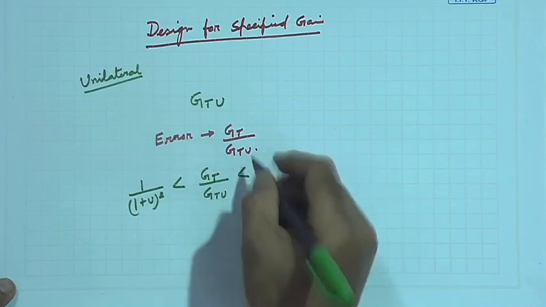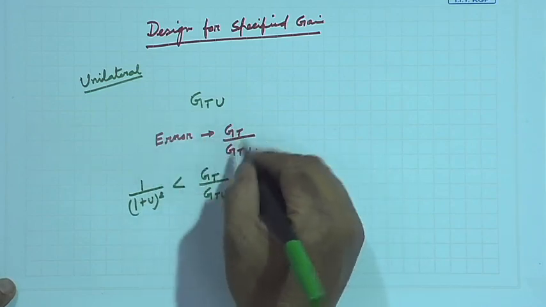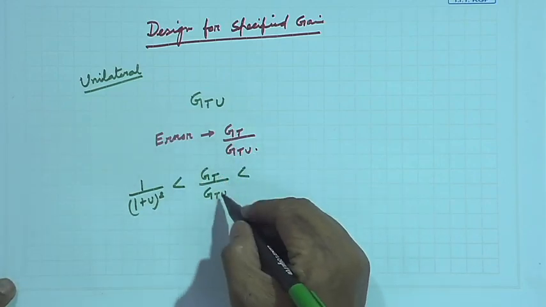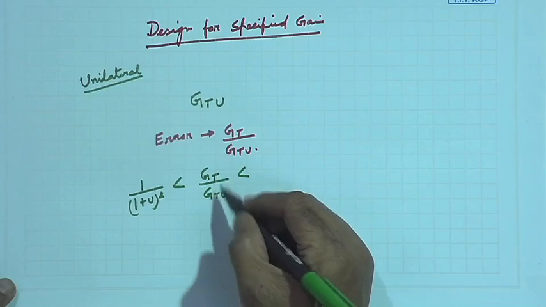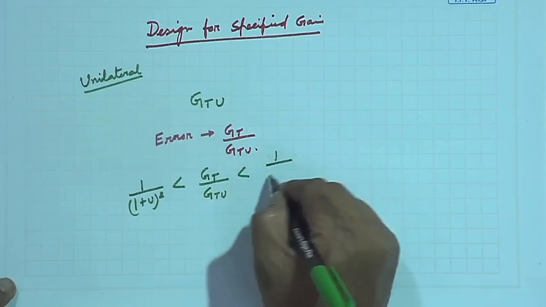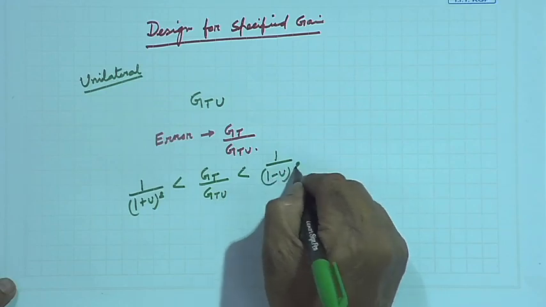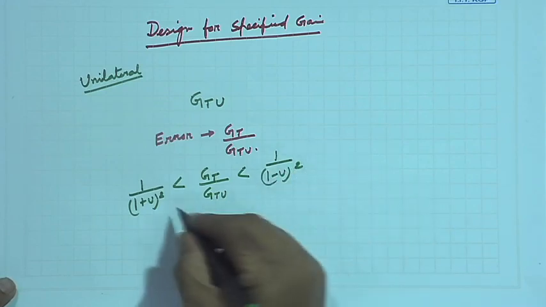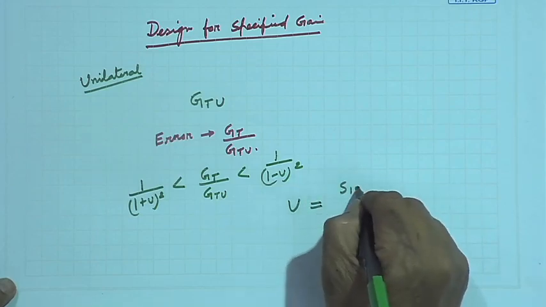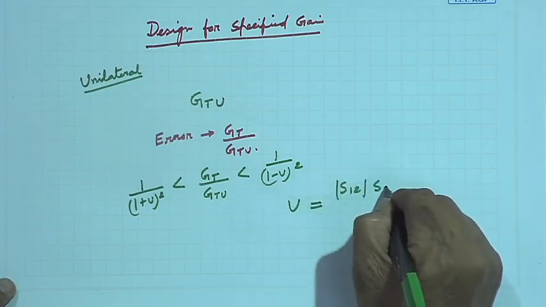So, this error, or this ratio GT by GTU, means if I make this assumption I am committing an error, my gain is off the mark by this amount, within an upper and lower bound, where u depends on all the S parameters of the device.